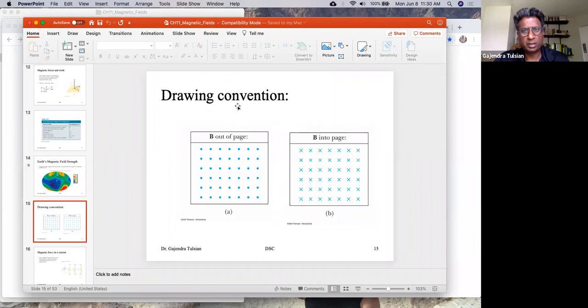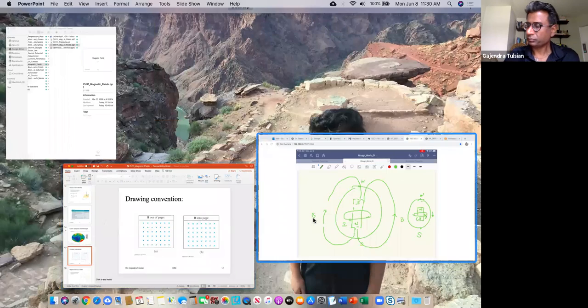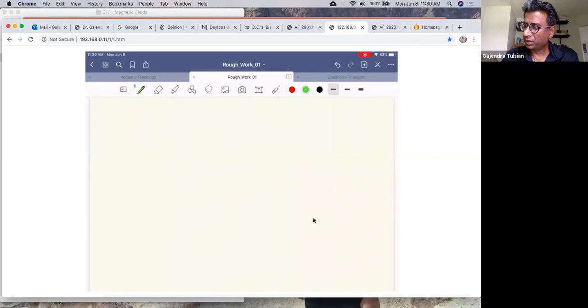In a lot of problems, we will have to picture three-dimensional stuff. We'll have to draw vectors in 3 dimensions, and here's a convention. When you want to indicate a magnetic field coming out of the plane of the paper, this is how we indicate it. Imagine an arrow with a head and a tail.